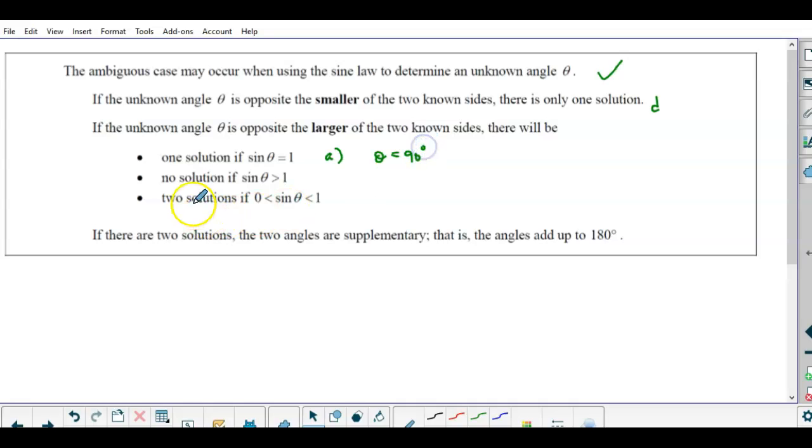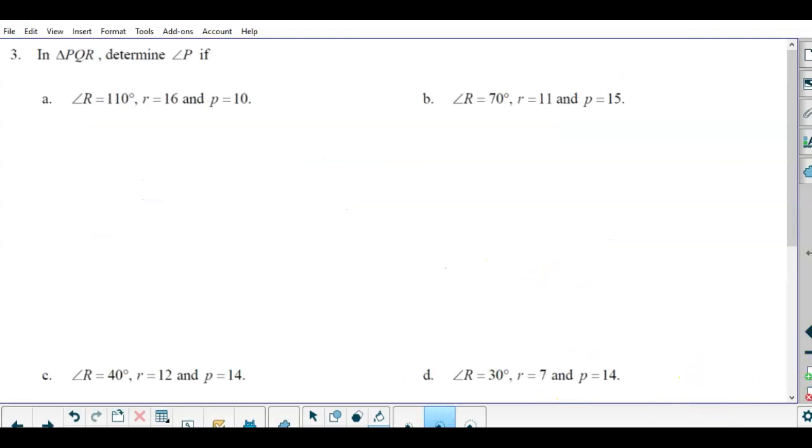No solution if sine of theta was greater than 1, so that was like B. And two solutions if sine is between 0 and 1, so that was like C. If there are two solutions, the two angles are supplementary. If you remember back to junior high, that means they add to 180. They add to 180. Okay, so let's do some practice.